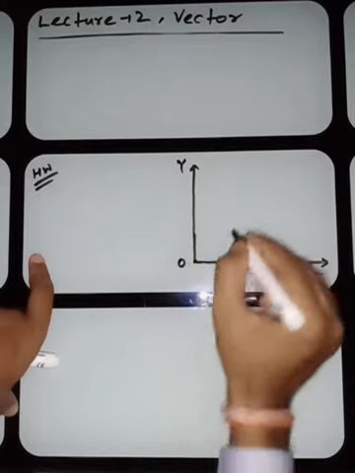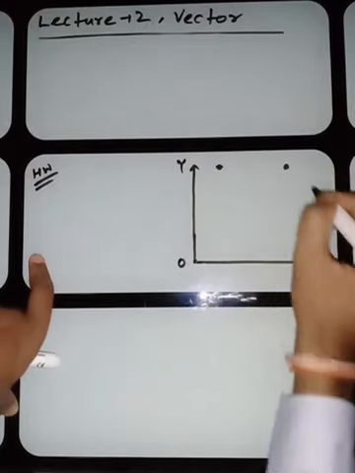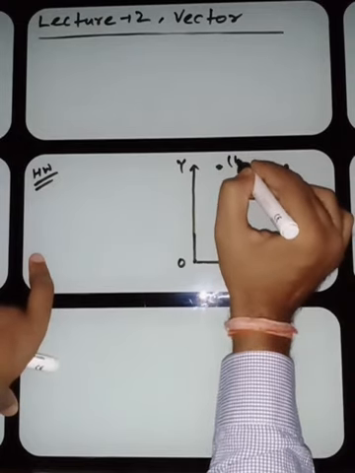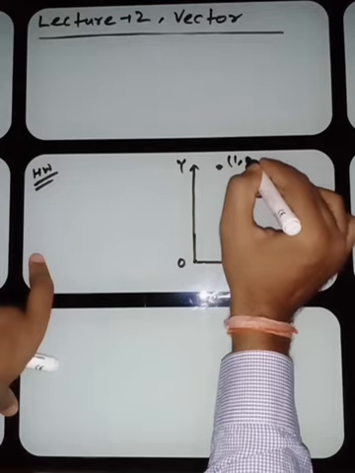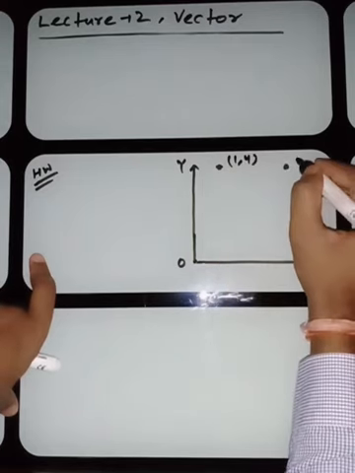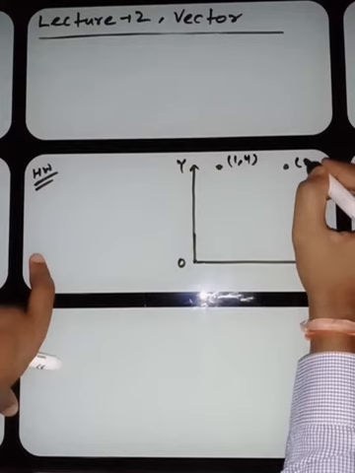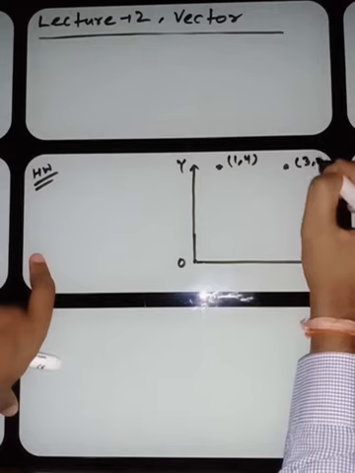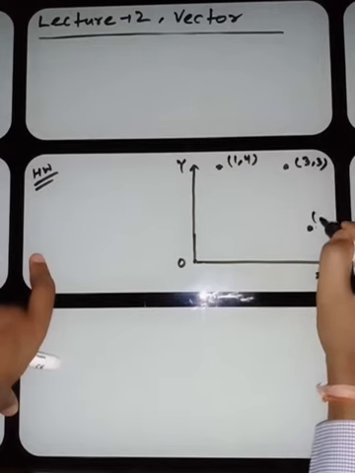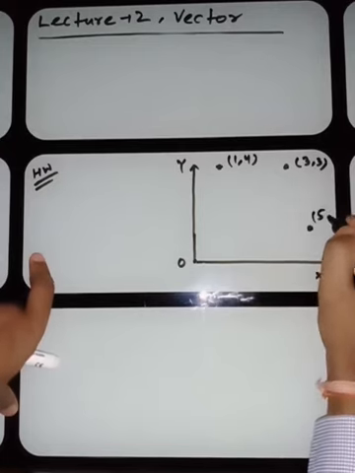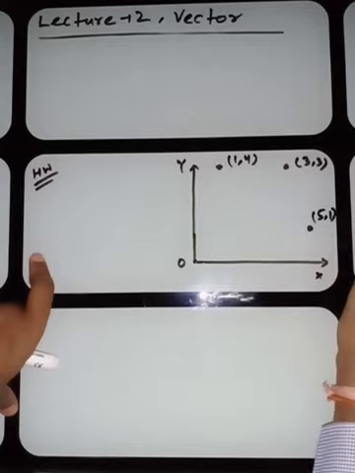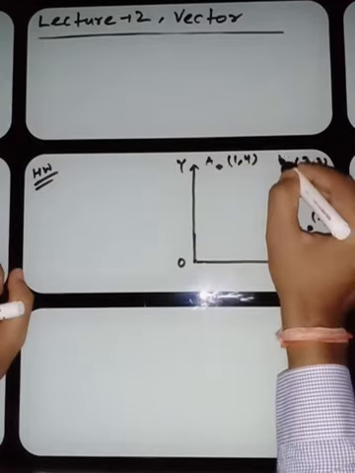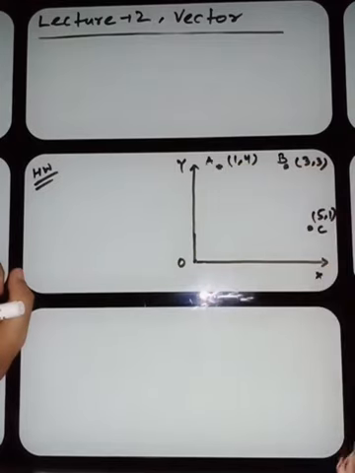This is the origin. You have 3 points with coordinates (1, 4), (3, 3) and (5, 1). These are the coordinates of points A, B and C.